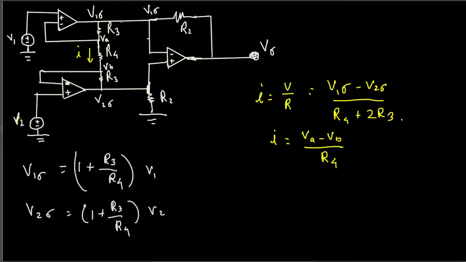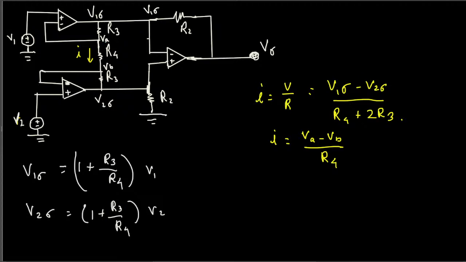And also, in an op-amp, you know that the voltage at the positive terminal and the negative terminal will be equal. Since we don't have any resistance in between, there's no voltage drop. So whatever the V2 is going to be the VB, and whatever the V1 is going to be the VA.